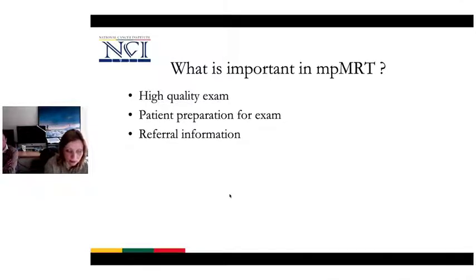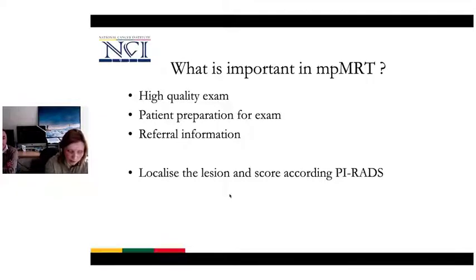Then there is referral information. It's important for all the urologists who send patients to MRI. Please say what is really important about this patient, what you want to know about him from MRI.